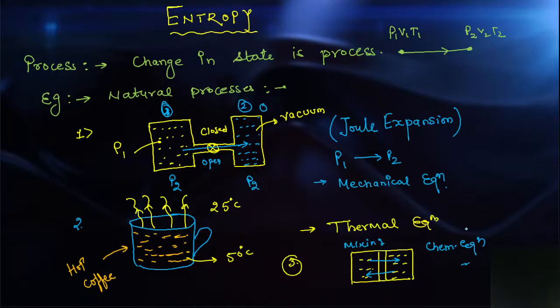So you can say that naturally all processes want to achieve equilibrium. The process always goes to the equilibrium side. Is it clear to you?